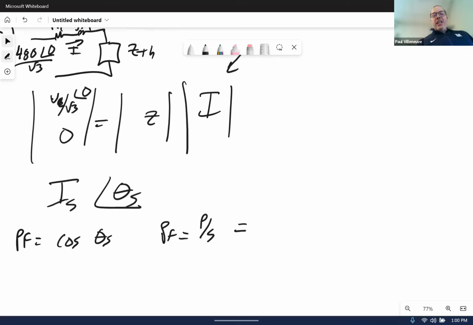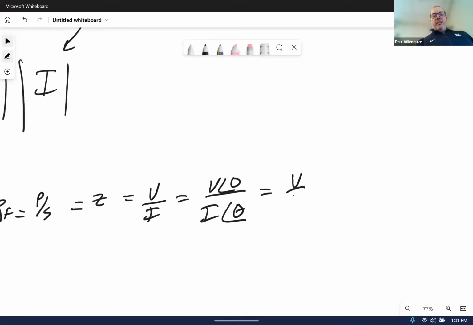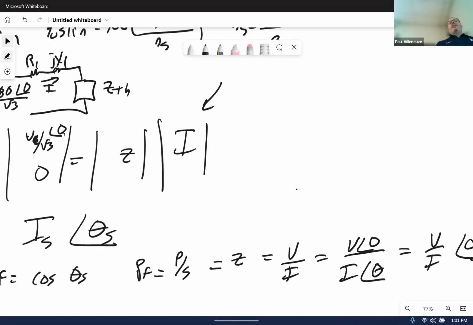But that's also the same thing as the impedance angle, which is V divided by I, which is equal to V at an angle of 0 divided by I at an angle of theta. So that's equal to V over I, at an angle of 0 minus theta. The only thing I have left is the cosine of theta. So that's why it just happens to be cosine of theta, but it's only if you have an angle of 0 here for your voltage.